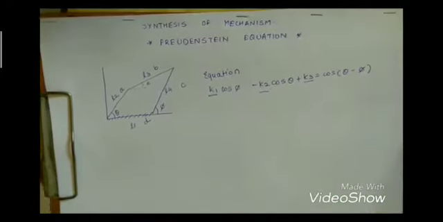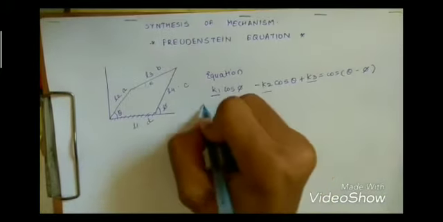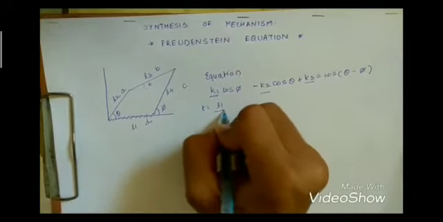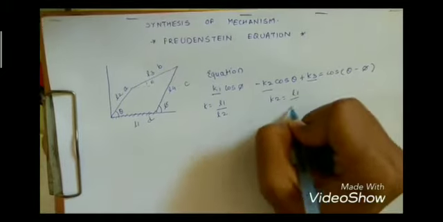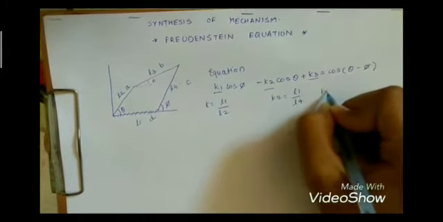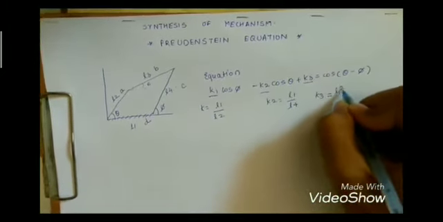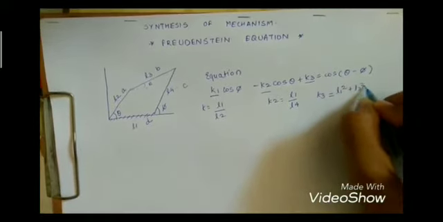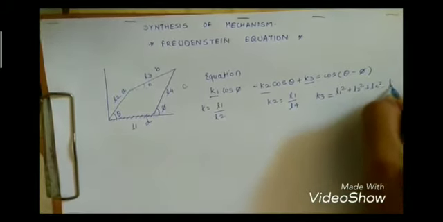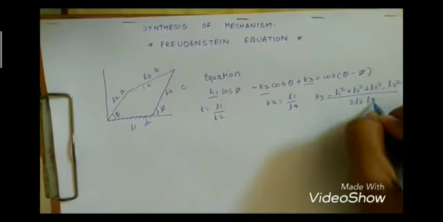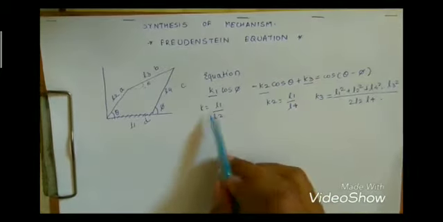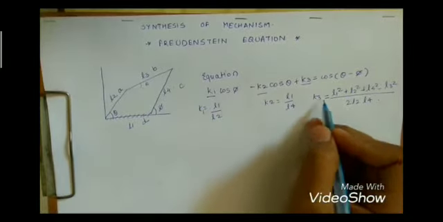So k1 is equal to L1 upon L2, k2 is equal to L1 upon L4, and k3 is equal to (L1 square plus L2 square plus L4 square minus L3 square) upon 2 L2 L4. So in this way we can calculate k1, k2 and k3.